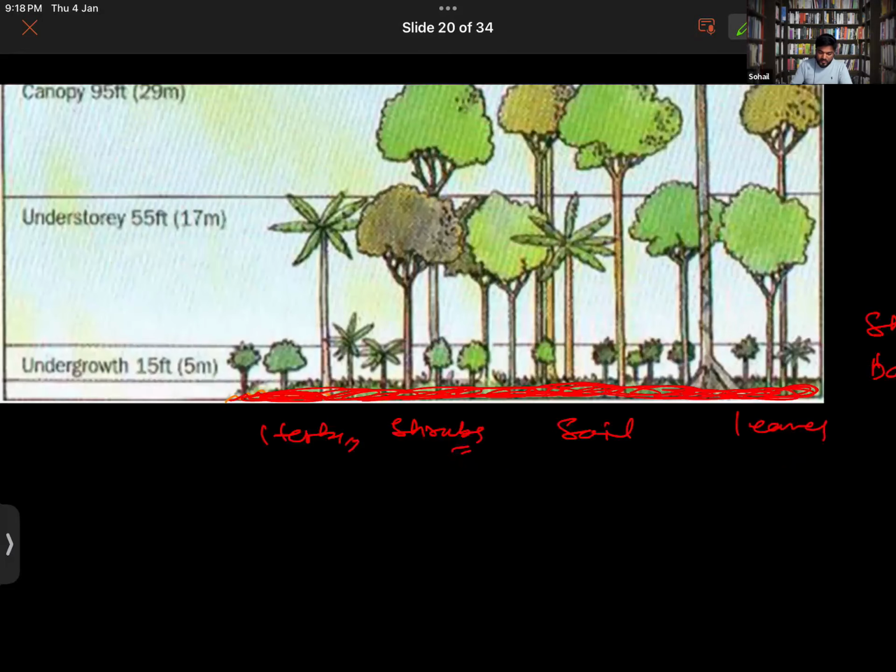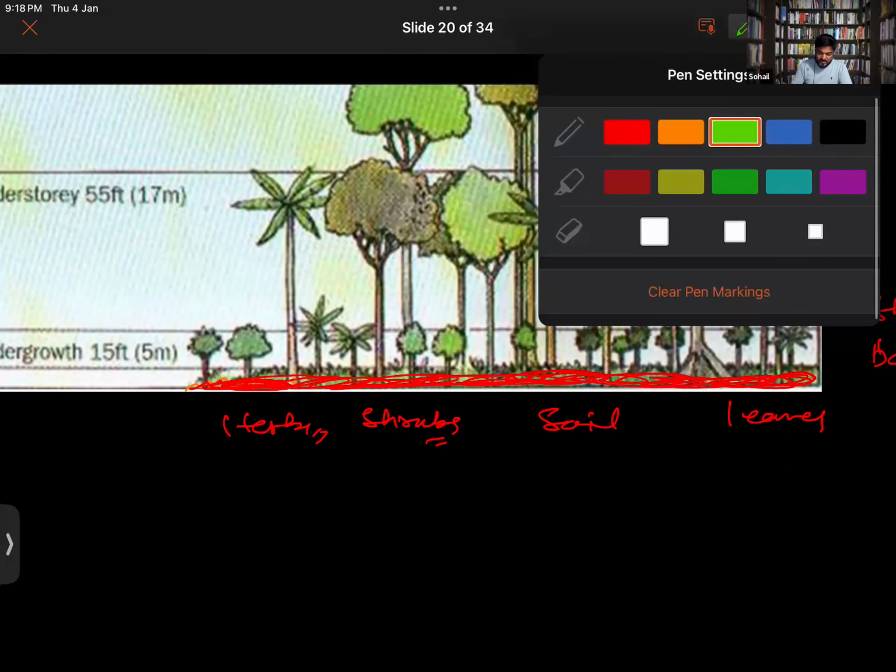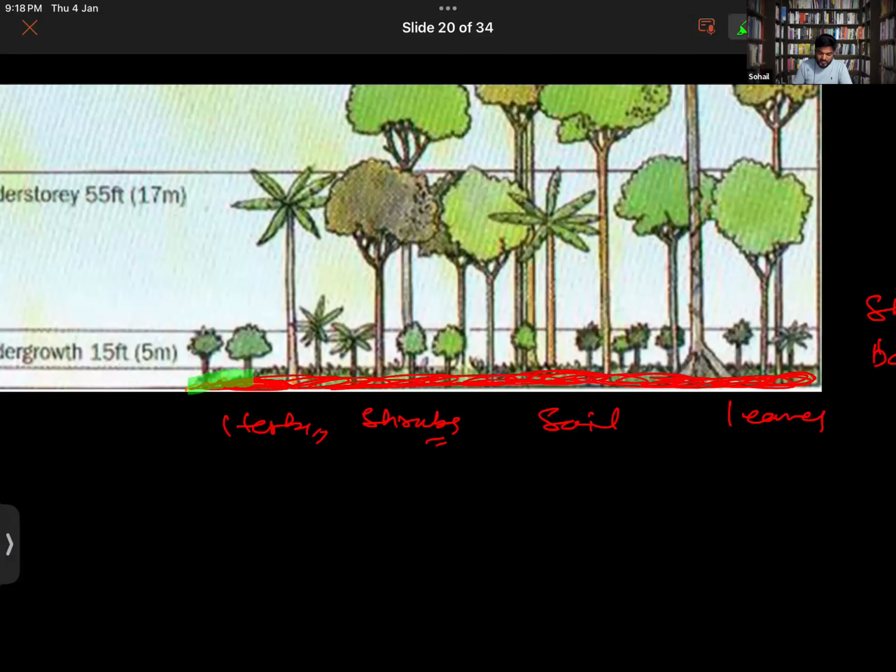See, here you can actually see that there are some grasses also. So in the herb layer, what type of things will you be finding? You will find that some type of grasses will be growing in that layer of the forest. Also, it will consist of herbs.